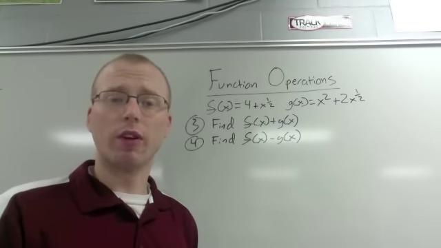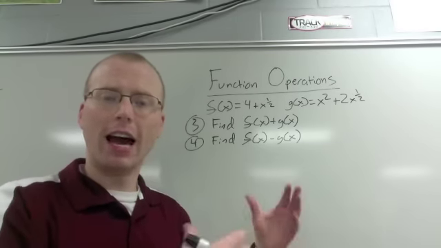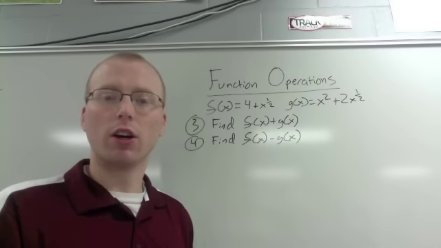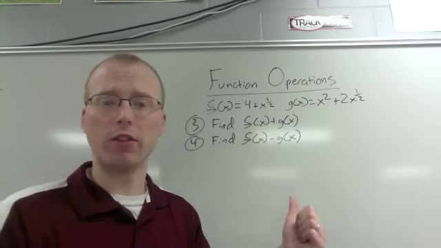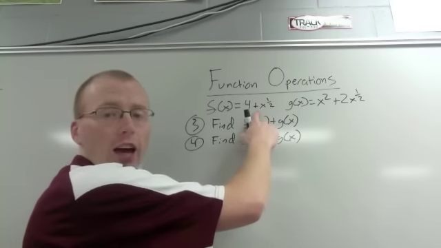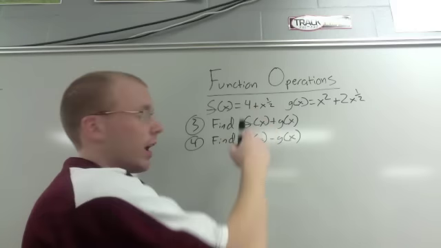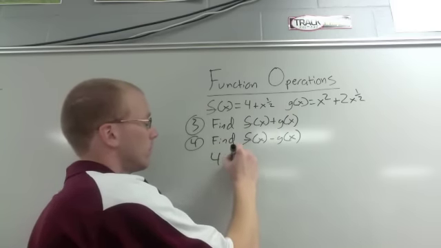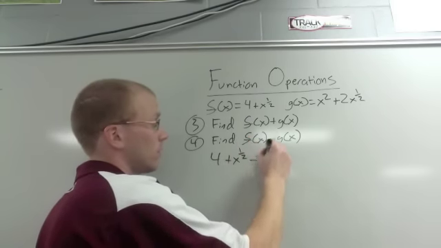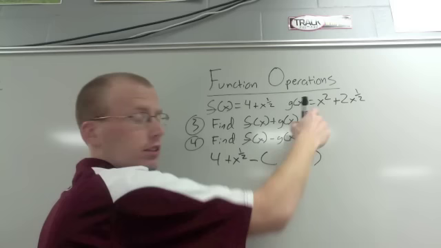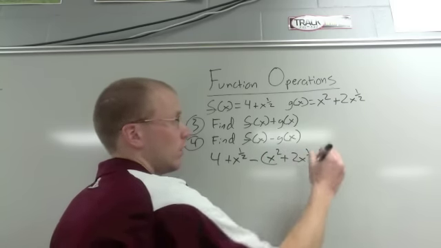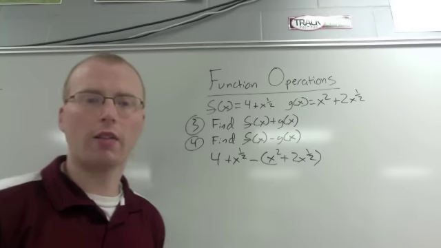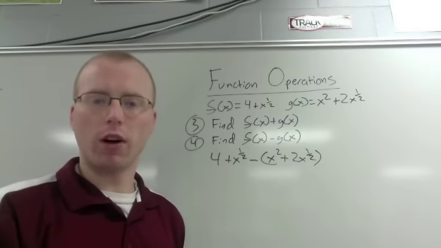When we're subtracting functions, just like when we added, we're just going to subtract the components of each function. So now I'm going to subtract f of x minus g of x. F of x is 4 plus x to the 1/2. G of x is x squared plus 2 times x to the 1/2. And again, always be careful with subtraction here.